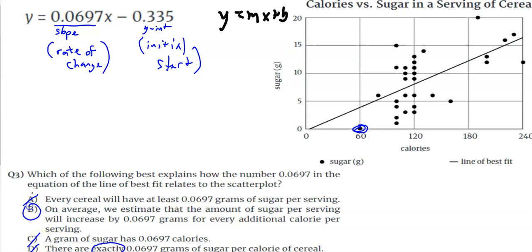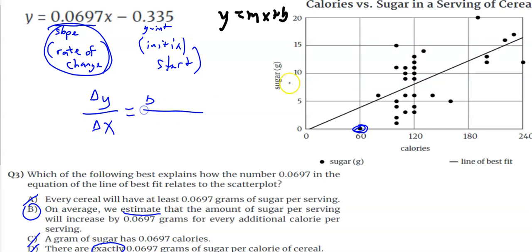This answer makes a lot of sense. I love the way it's phrased. On average, we estimate, so that's a statistician word, we estimate the amount of sugar will be increased by that for every additional calorie per serving. If you think about slope or rate of change, that's change in y divided by change in x, right? Well, what is y called here? So y is our sugars. So change in sugar divided by change in calories, which is our x.